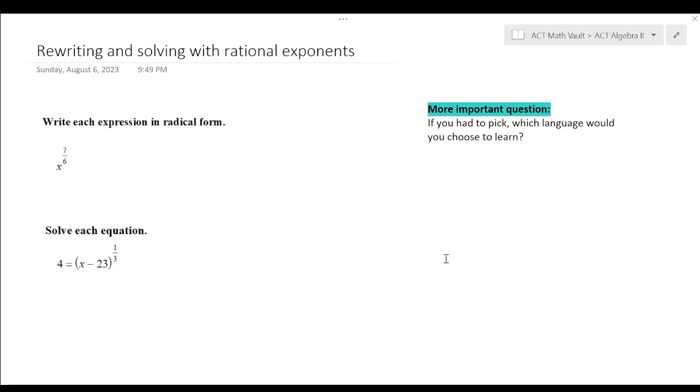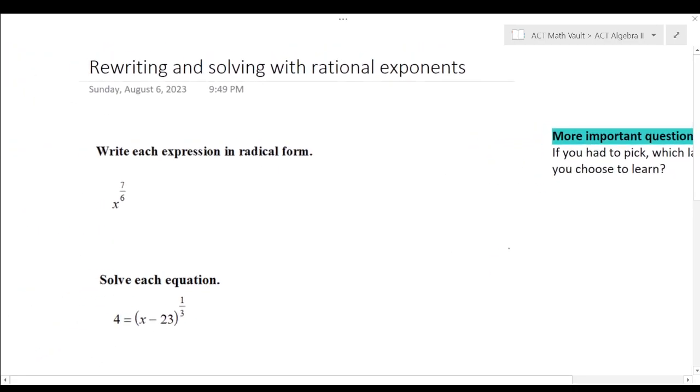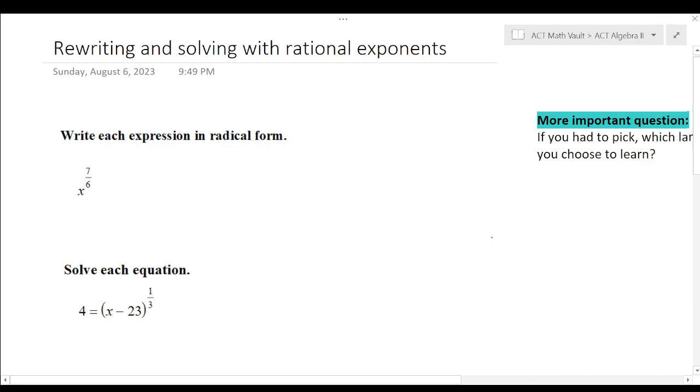Let's talk about the two different forms that you have with problems like this. So you can see radical form, and then rational exponent form.